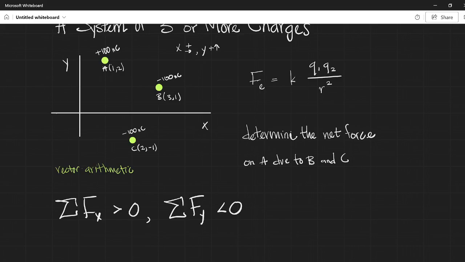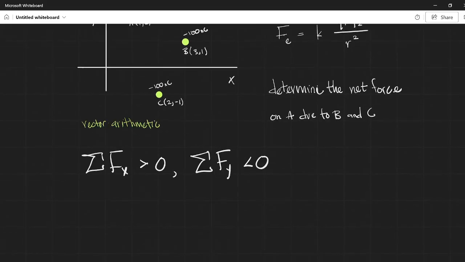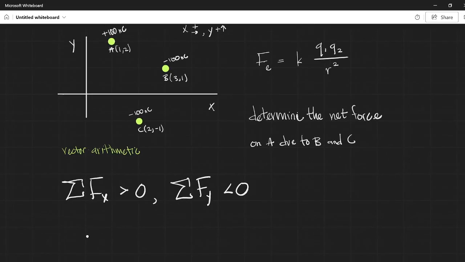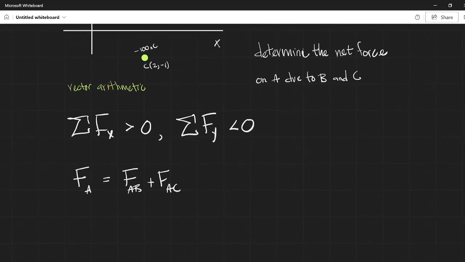And so what I'm going to do is make the simple observation that the force on A due to these two particles, B and C, is just going to be, and I should write, the force on A due to B plus the force on A due to the presence of C. Once we do this, we can just start writing our equations.